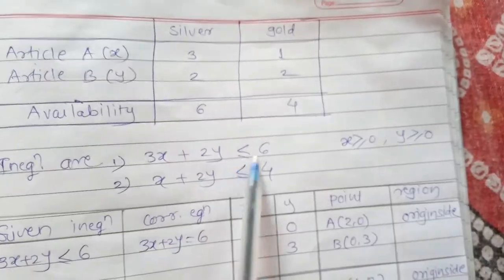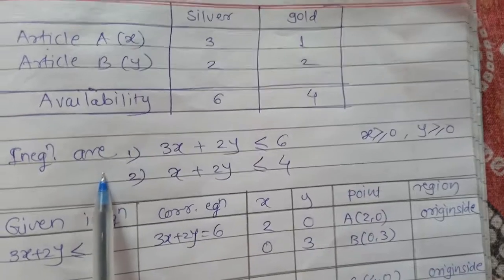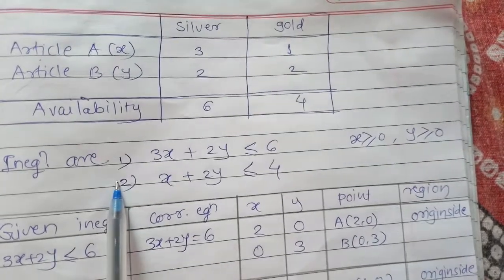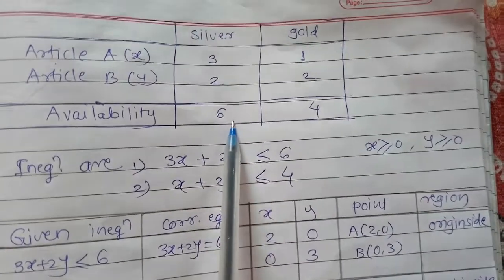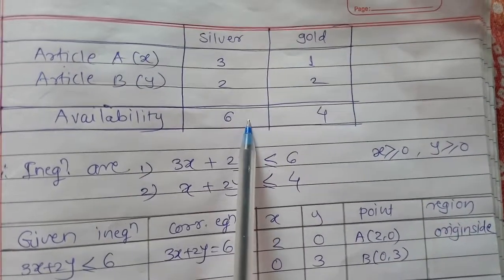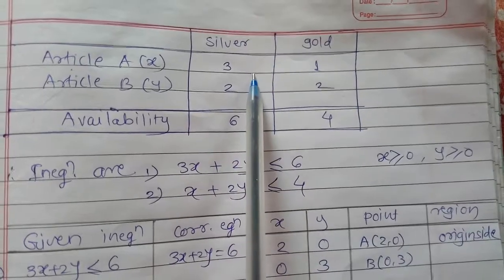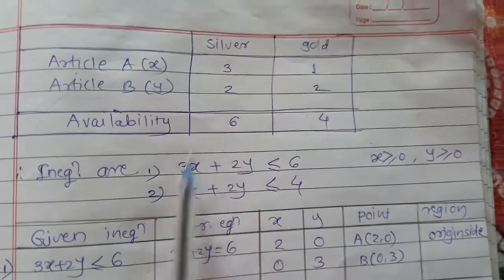It means the availability for the articles we have to make is only 6 gram, so we have to make them taking a quantity less than that.